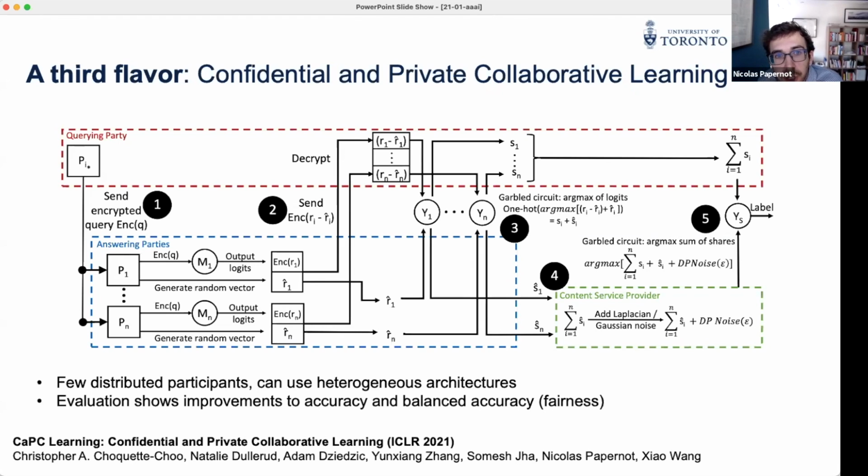It's only receiving labels. And so what we've done in our work is we've made assumptions that it's honest but curious. And we've shown that in that setting, it can only learn very limited information from the different answering parties' datasets. But I definitely agree that if we could come up with the same protocol idea without the trusted third party, and we're working on this, it would definitely help with making this easier to deploy.